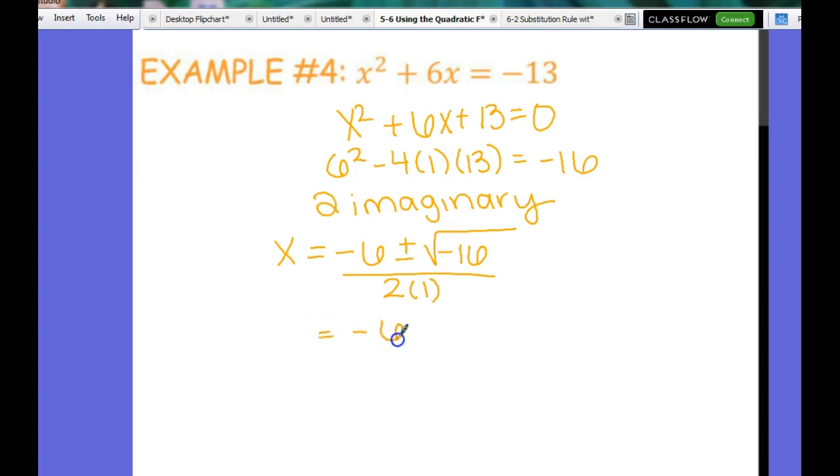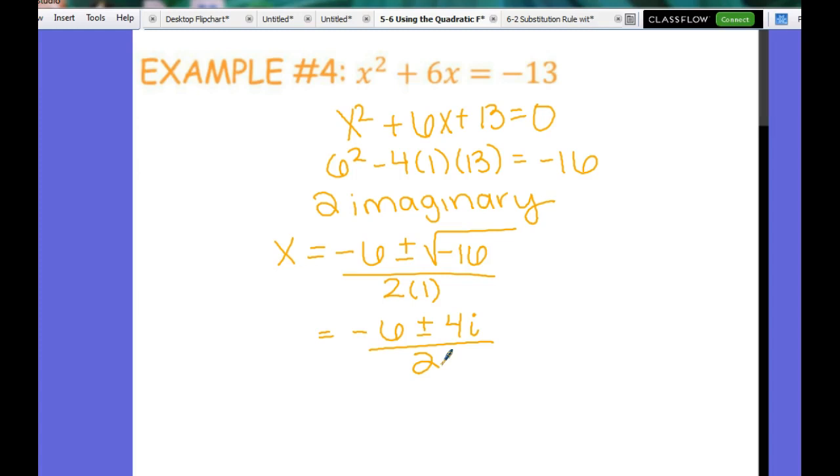So this becomes negative 6 plus or minus 4i all over 2. Do not try to divide the 2 into the 4 or the 6. It has to divide into both or none.